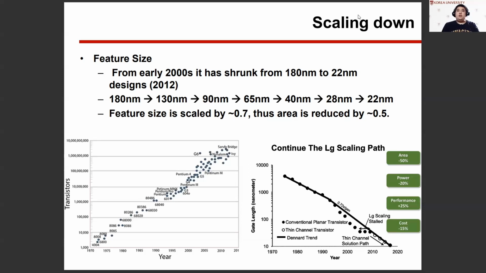As you can see, the fabrication processes have shrunk by around 0.7 times in diameter or in width, so the total size shrinks to about half.